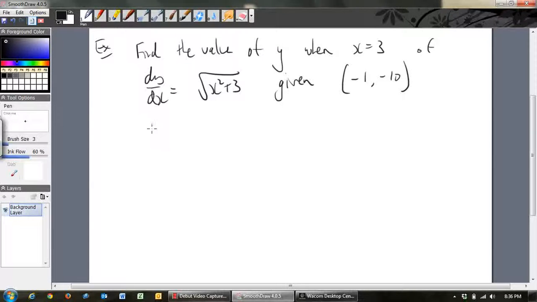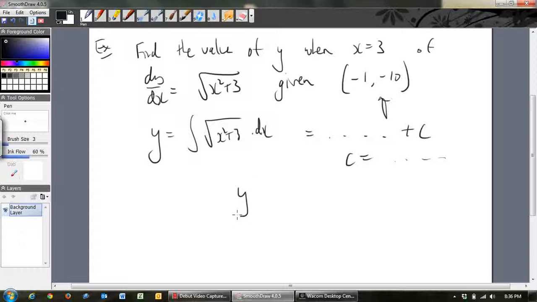So normally you'd have to solve for y, and you get y as the integral of the square root of x squared plus 3 dx, and your answer would have something plus c. Then you'd need to use that point to find what c equals, and then you write your solution out, plus whatever c was, and then substitute 3 into there, and you get your answer.